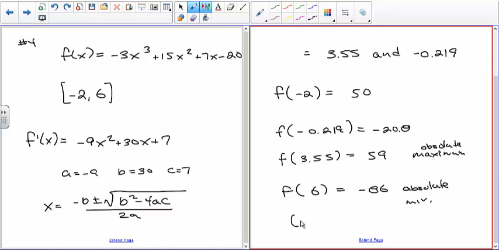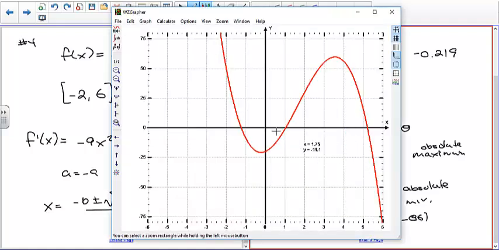So we have 3.55 comma 59, that's the absolute max, and we have 6 comma -86, which is the absolute minimum. And if you go to the curve, you can see here's the start. So this one is the absolute maximum, and then the absolute minimum there. So this is the max, this is the min.